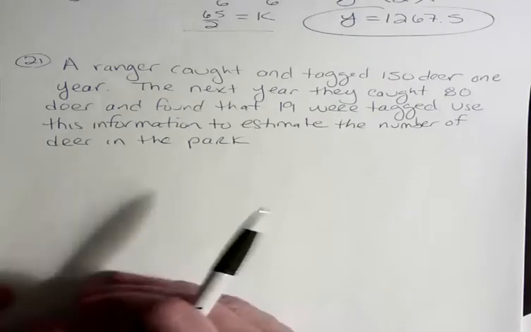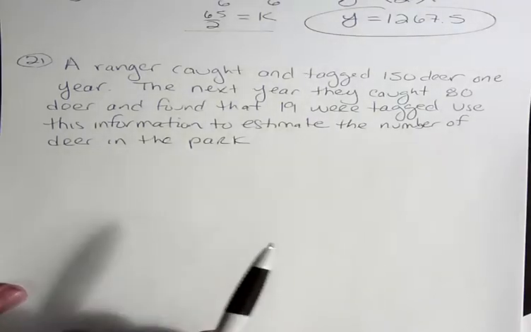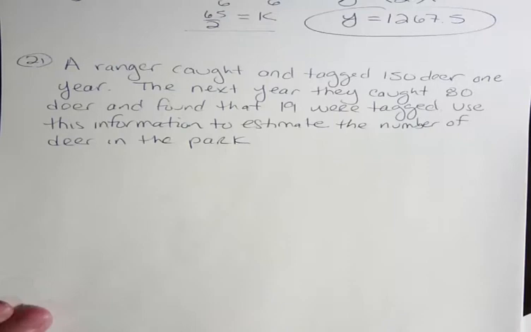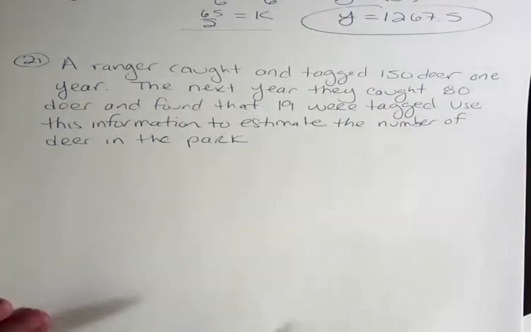So what they do is they tag them, and then they catch them, and they figure out the proportion that were caught, that were tagged, and use that proportion then to figure out approximately how many fish are in the lake. It's not exact, because maybe the idiot deer and fish are the ones that keep getting themselves caught and looked at, and the other ones are getting away. So who knows? But it is something.